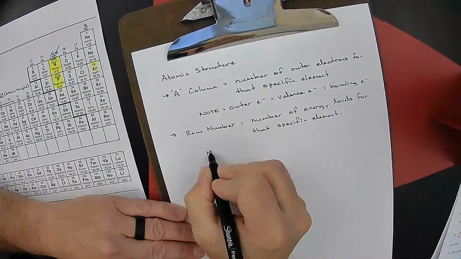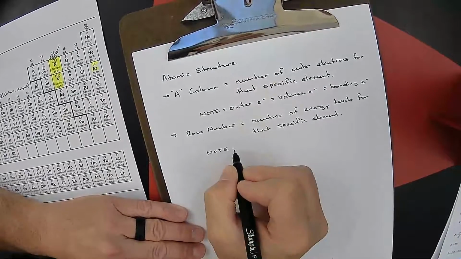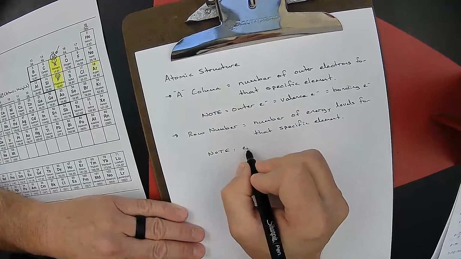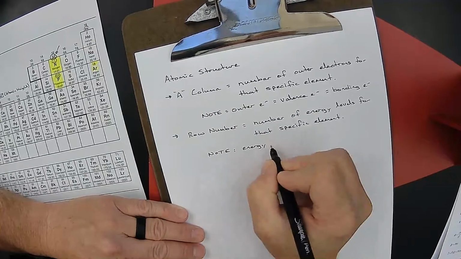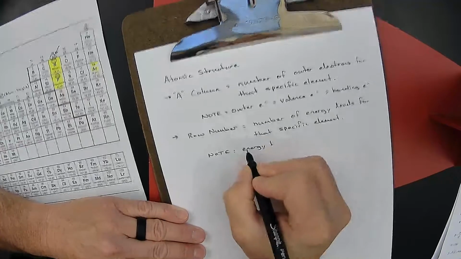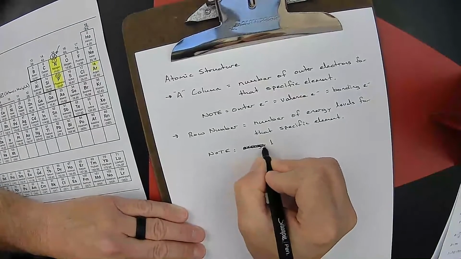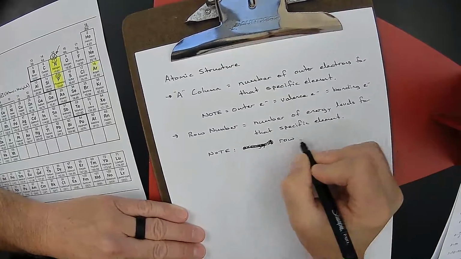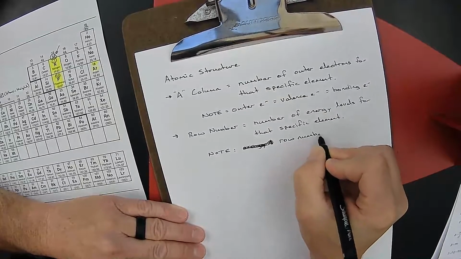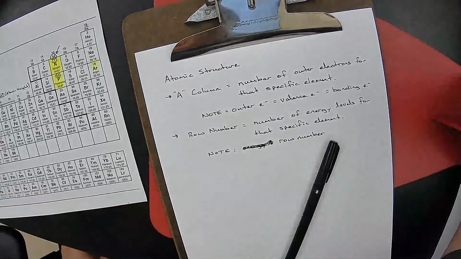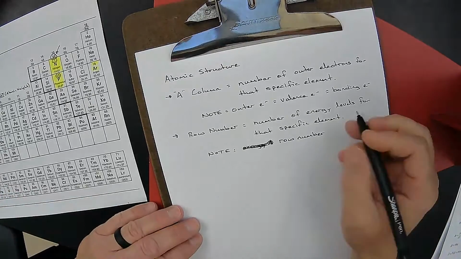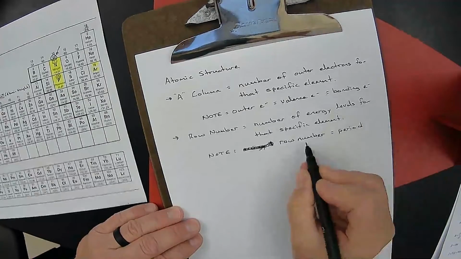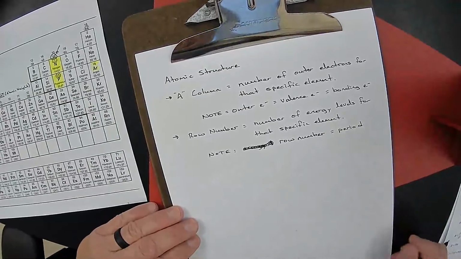Now, once again, a note: the row number is also referred to as the period. So if it's row number 1, it's also period 1.